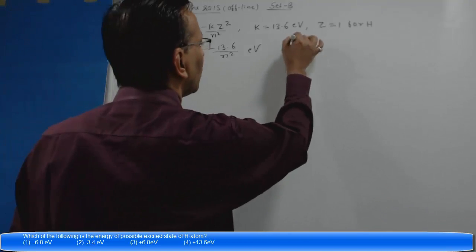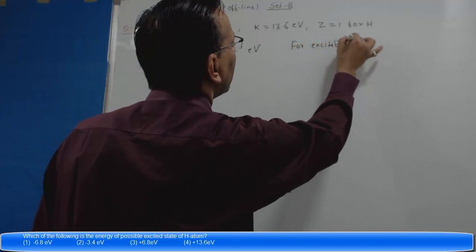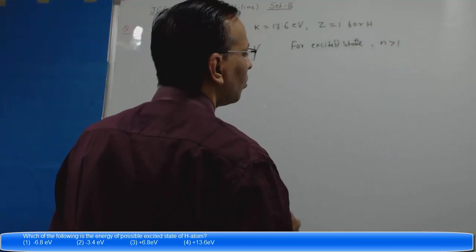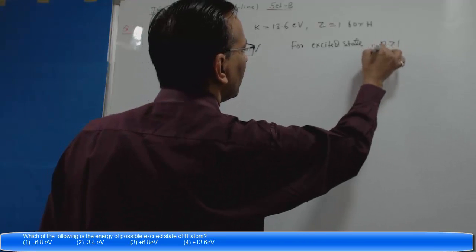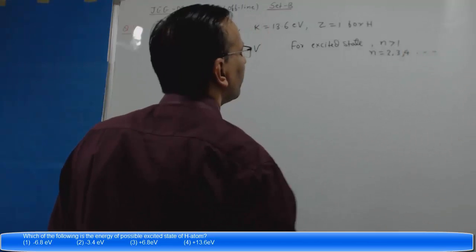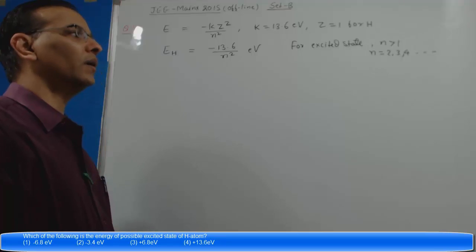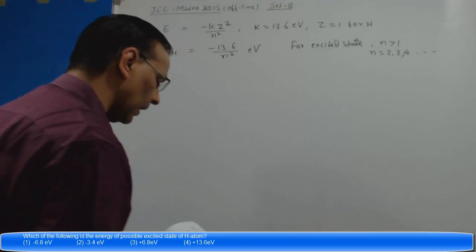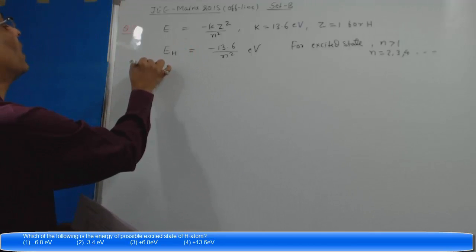So for an excited state, n must be greater than 1. So n could be 2, 3, 4, whatever it is. n cannot be 1.